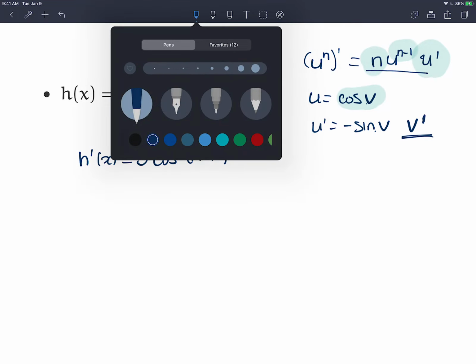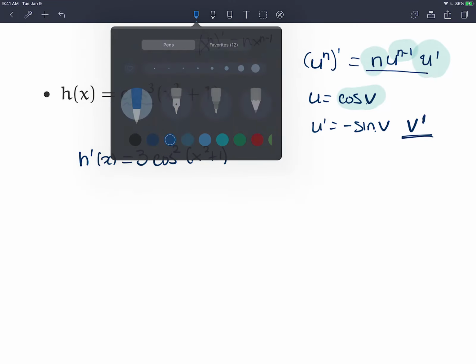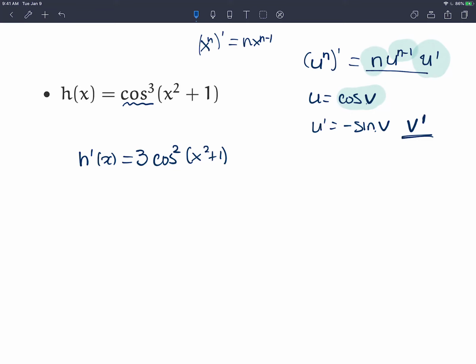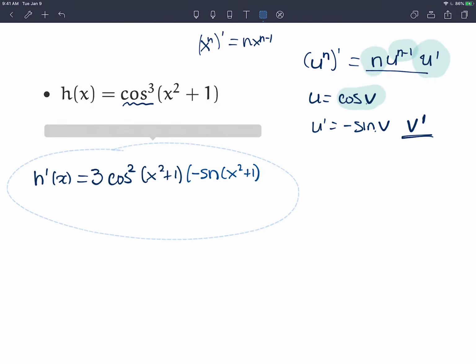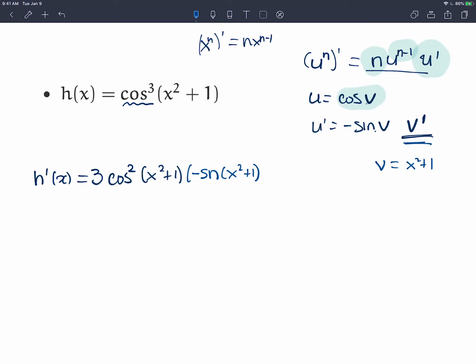This is going to be times the derivative of cosine, which is negative sine at x squared plus 1. And then I still need to multiply by the v prime, where my v is x squared plus 1. So the derivative of v would be 2x. Right, so I have 2 layers of the chain rule.